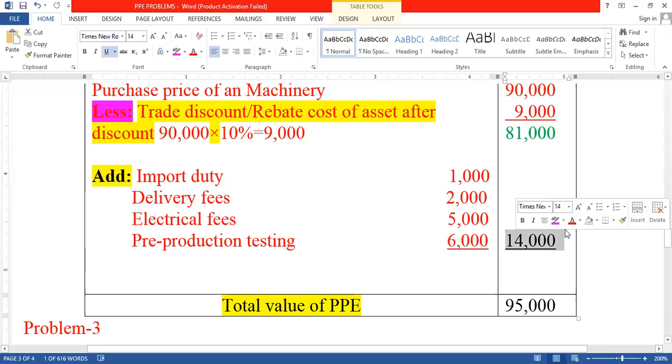Here we should add 14,000 plus 81,000. So what is the total here? The total value of property, plant and equipment is 95,000.